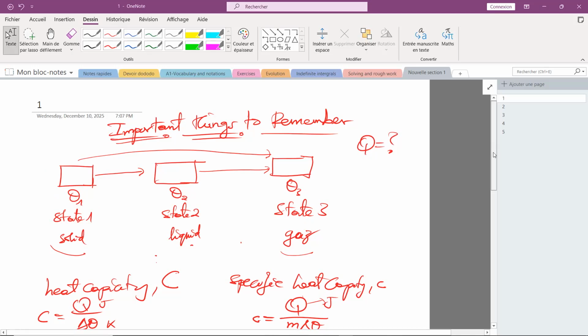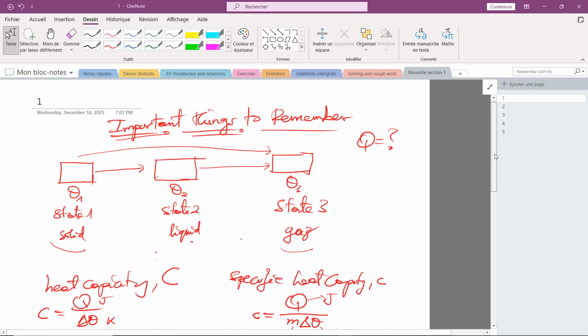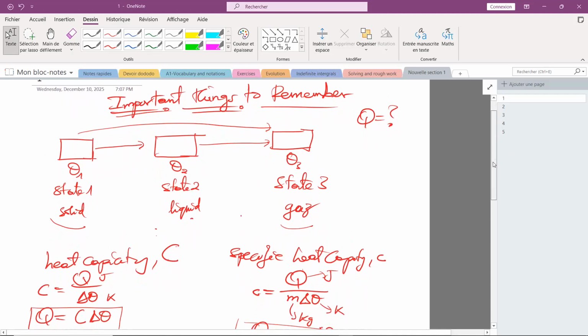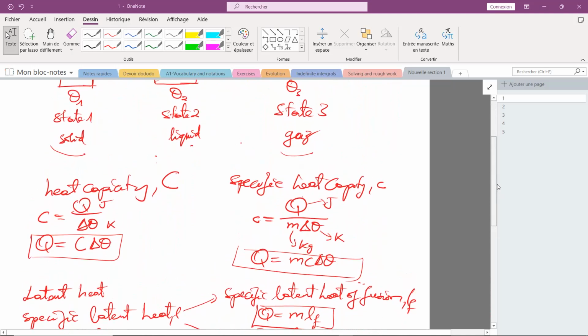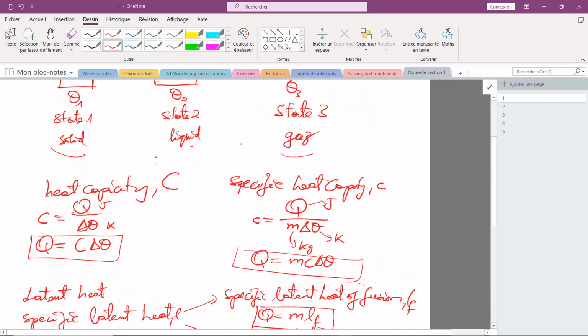Now, for you to be capable of doing this exercise, it's very important for you to master some concepts. First of all, I'll recall some very important concepts. The first concept I'm going to recall is heat capacity. I think you know the definition of heat capacity. It is simply the amount of thermal energy, thermal or heat energy required to produce a unit rise of temperature in a body.